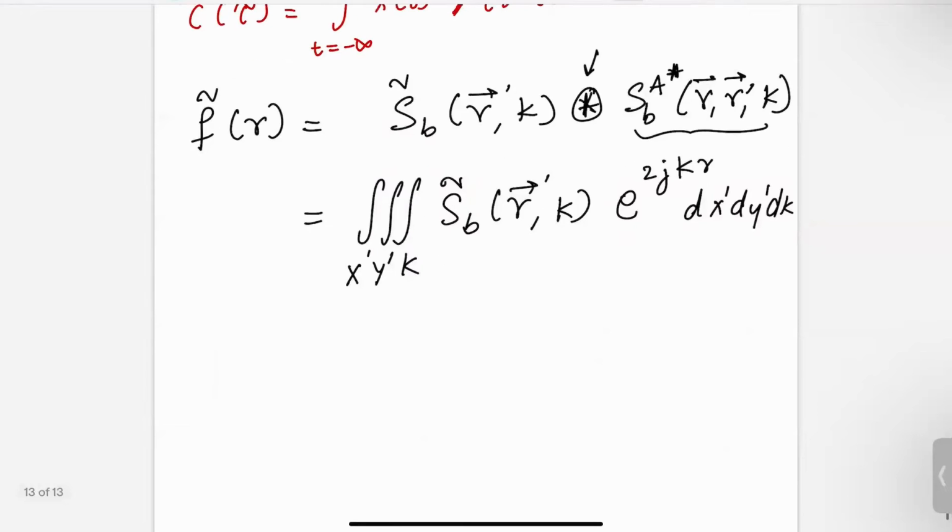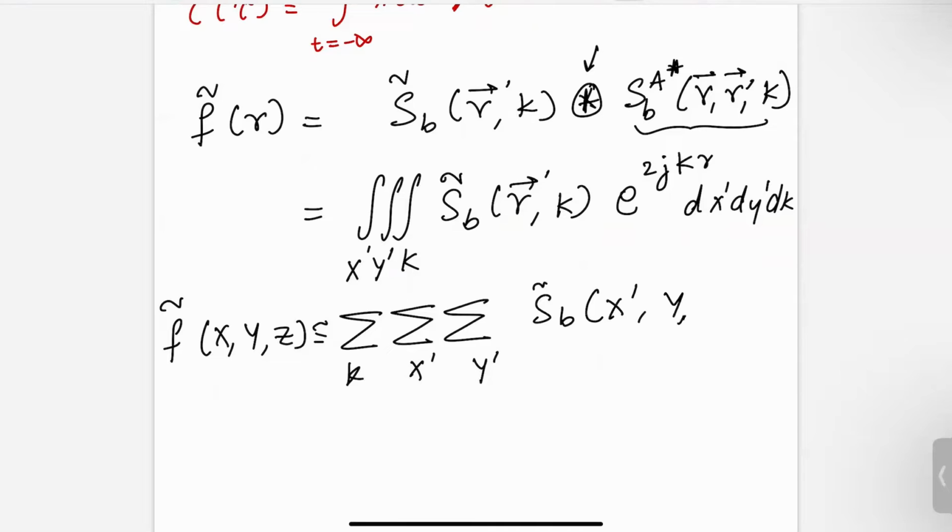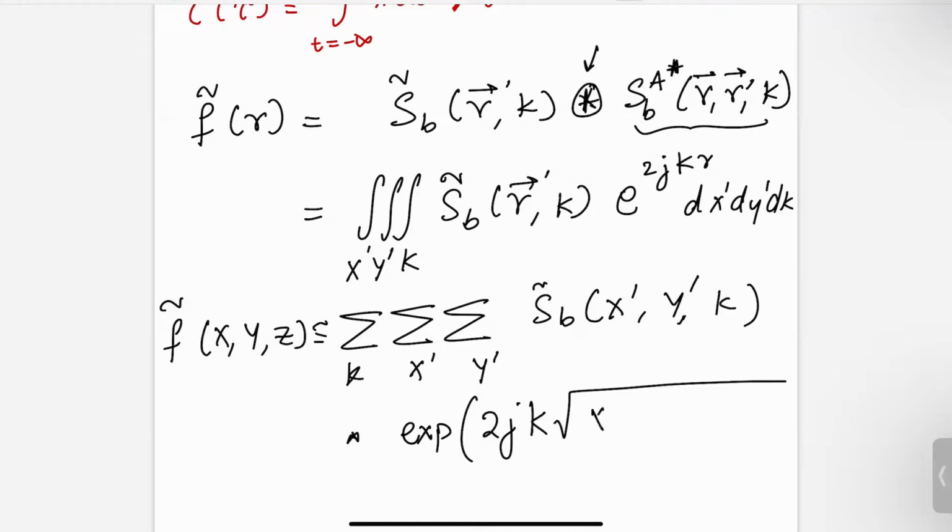The discrete version of this is what? F tilde of x, y, z is approximately, of course, sigma, sigma, sigma, a, x prime, y prime, SB tilde of x prime, y prime, k times exp of 2j k square root of (x minus x prime) squared plus (y minus y prime) squared plus z squared.